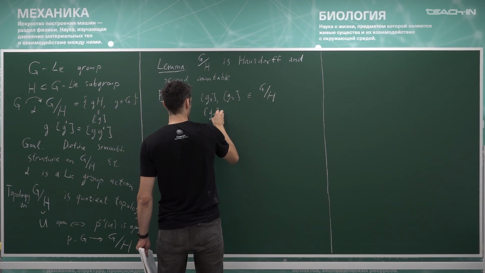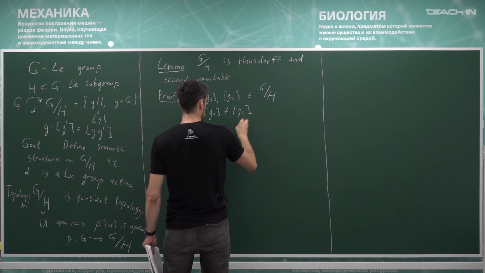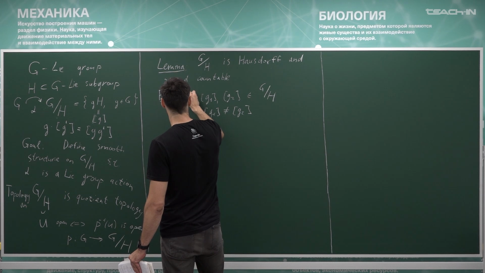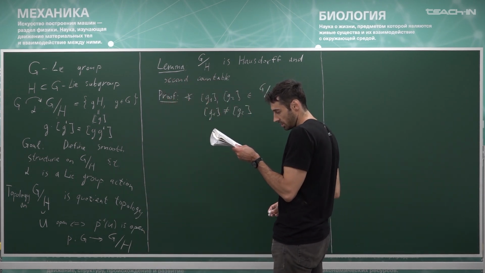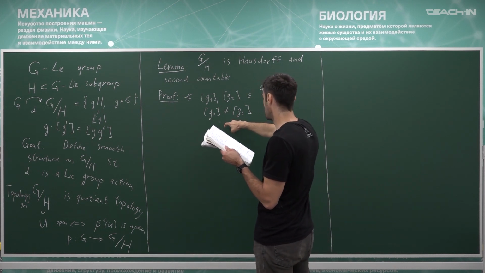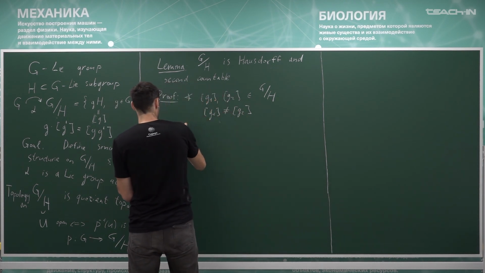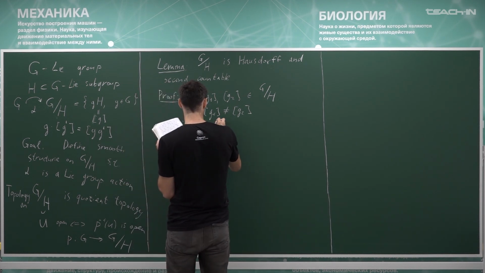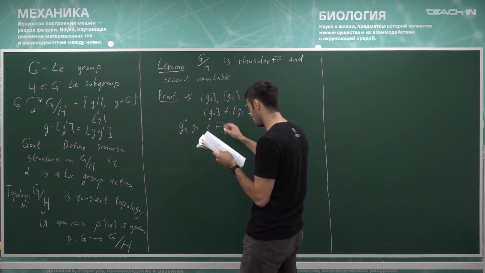So the class of g1 does not coincide with the class of g2. So since these two classes do not coincide, we have that g1 inverse g2 is not in H, because otherwise these two classes would be the same.